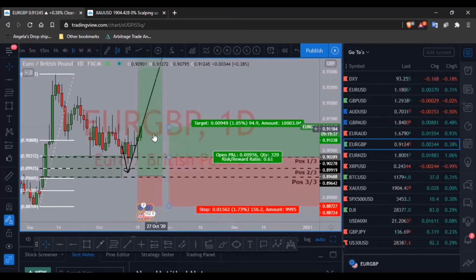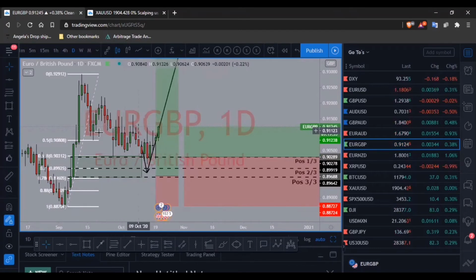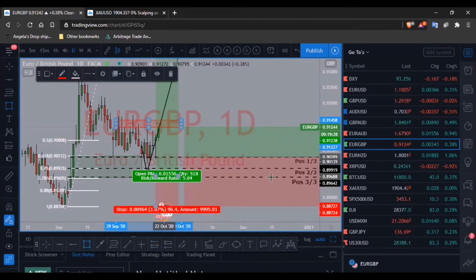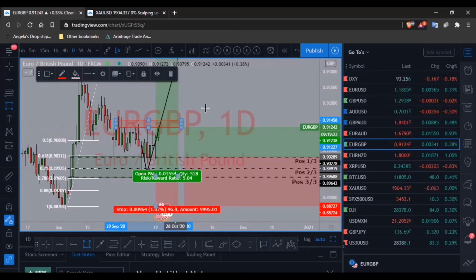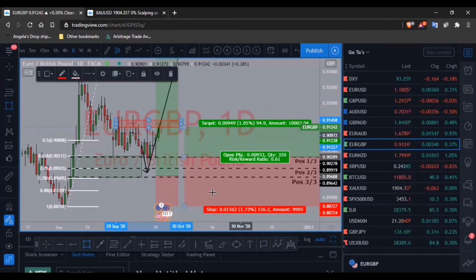I didn't want price to come up this high, I'm just gonna be real with you. I do like how it's at a resistance right now. But I didn't want price to come up this high because I wanted price to come down here and hit my position 3 out of 3, so I could be 3 positions in and then I could be bullish. But again, right now we're up 90 pips, but we were risking 156 pips.